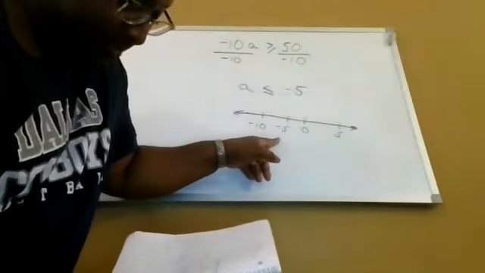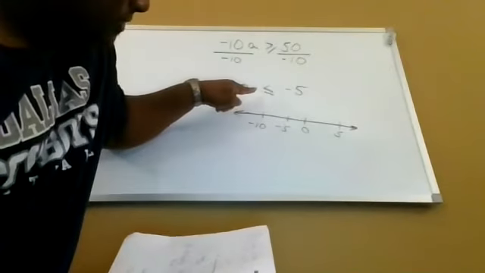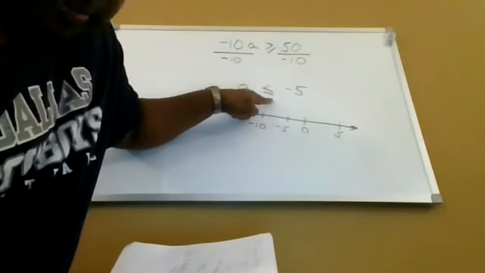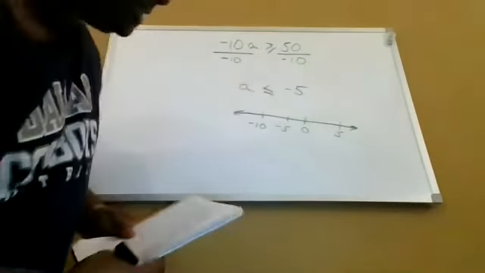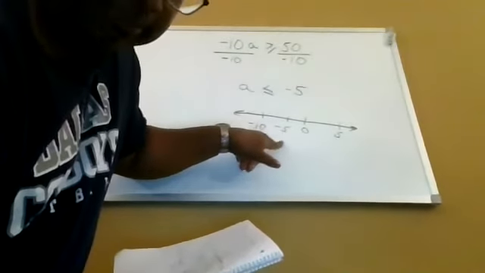Okay, on my number line, here's -5. Since it's less than or equal to, I need to use my bracket at -5.